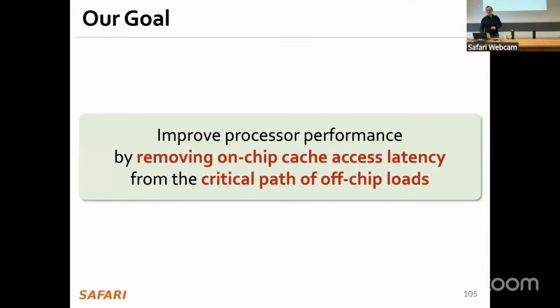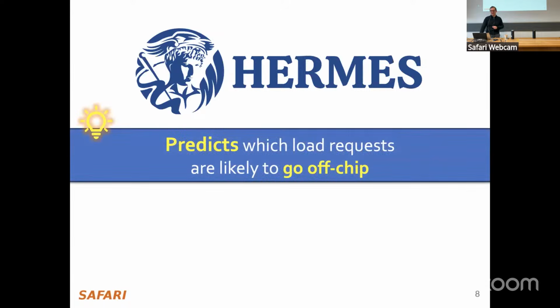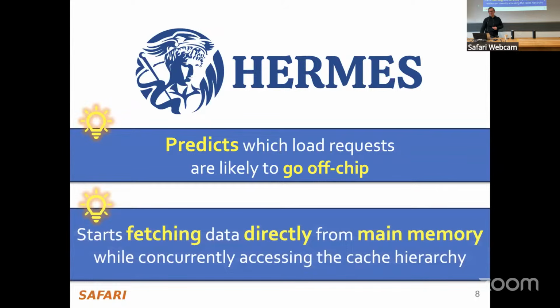So the idea is to remove the on-chip cache access latency from the critical path of off-chip loads. If you have a load that's going to go off-chip, try not to incur the latency of the on-chip access, or at least expose the latency of the on-chip access to the processor. You predict which load requests are likely to go off-chip, and you start fetching data directly from main memory while concurrently accessing the cache hierarchy.